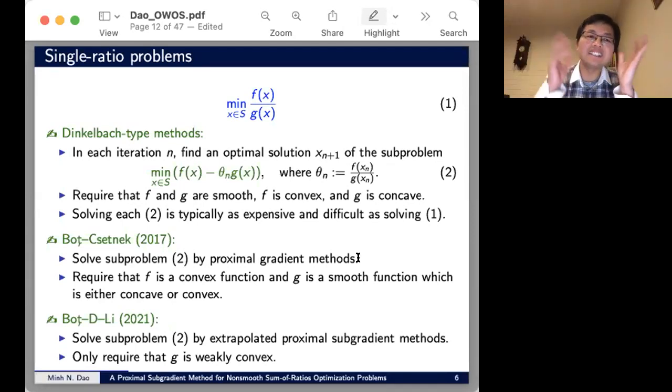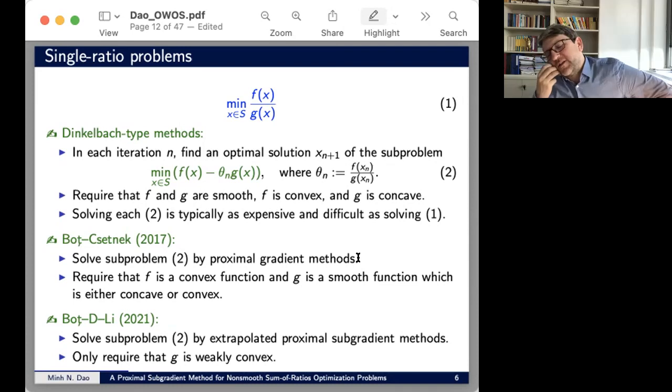But I guess we need to require at least one function to be smooth. Okay, indeed. But still apply the DR method. Yeah, I agree.